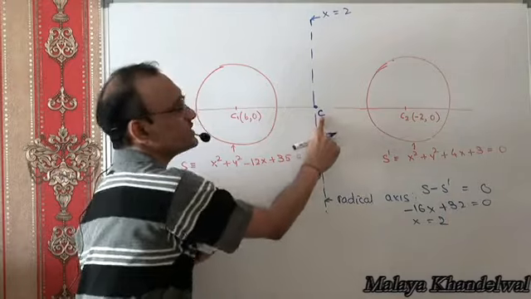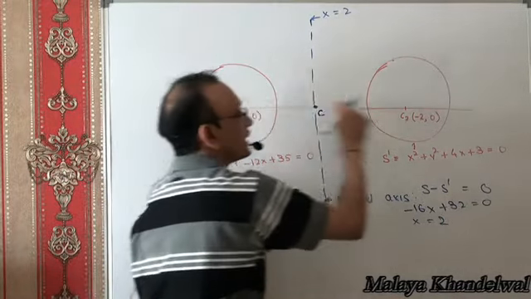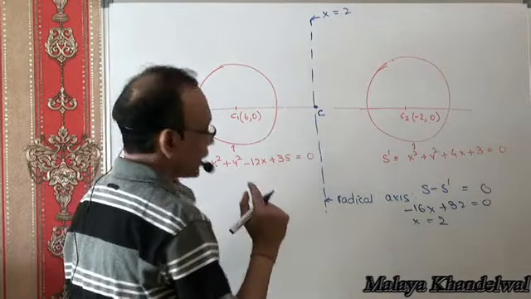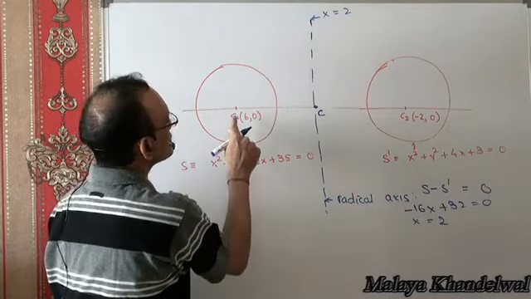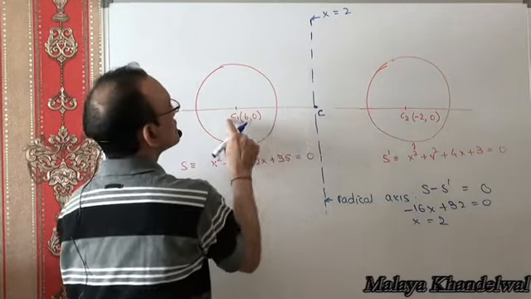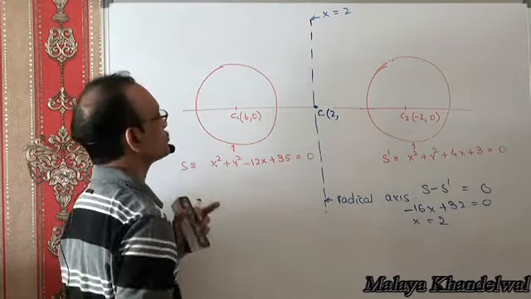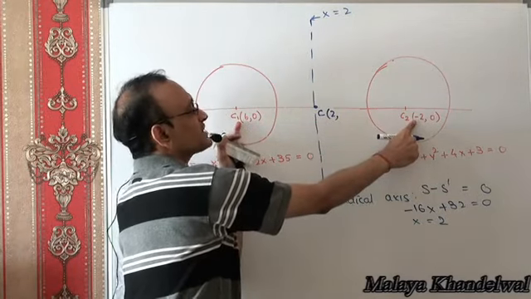Now, all that I need to do is find the intersection of the radical axis with the line joining the centers. That will be the center of that required circle. Now, easy to see, realize that the line joining C1 and C2, so C has x coordinate 2 because it lies on the line x equal to 2. This is the line joining C1, C2, which is a point on the x-axis.